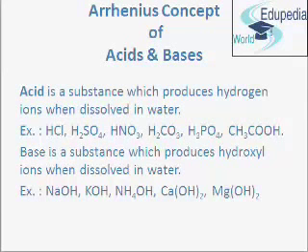And according to him, a base is a substance which produces hydroxyl ions when dissolved in water. Example: sodium hydroxide, NaOH, potassium hydroxide, KOH, ammonium hydroxide, NH4OH, calcium hydroxide, Ca(OH)2, and magnesium hydroxide, Mg(OH)2.